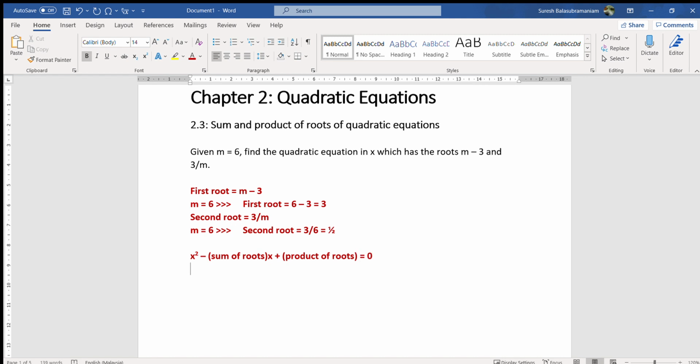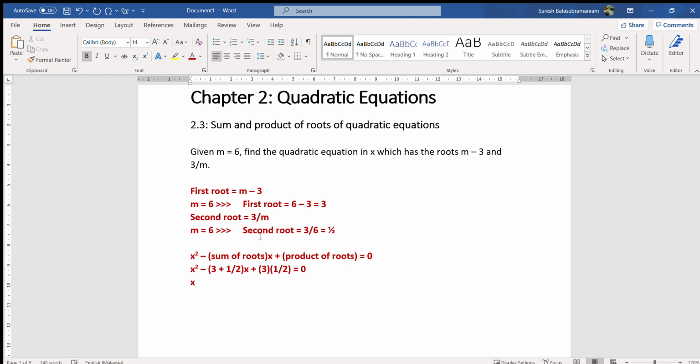Okay, so x square, sum of roots, we can plus our roots. Our roots are 3 plus 1 over 2, x plus product of roots, we multiply our roots, so roots 3 and 1 over 2 equals to 0.